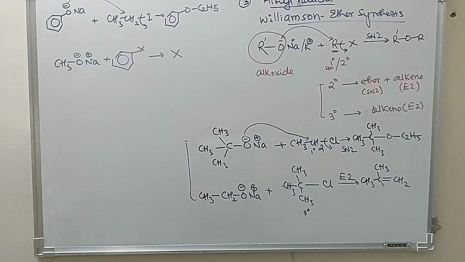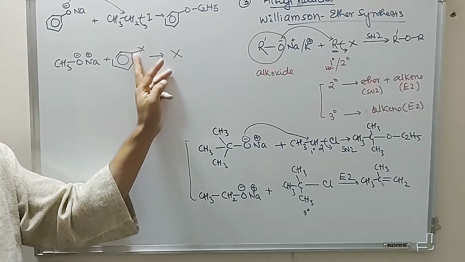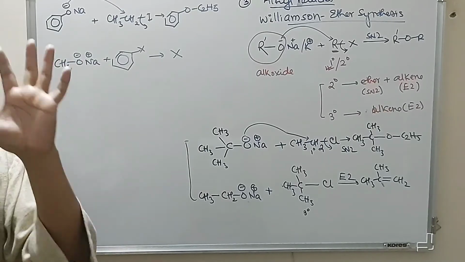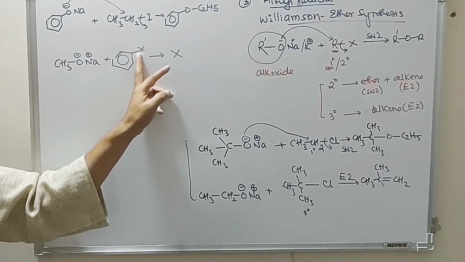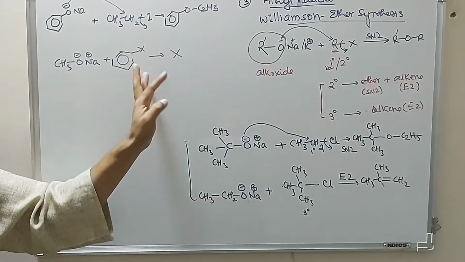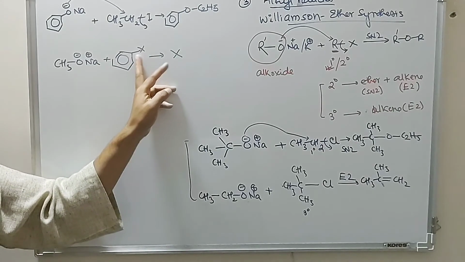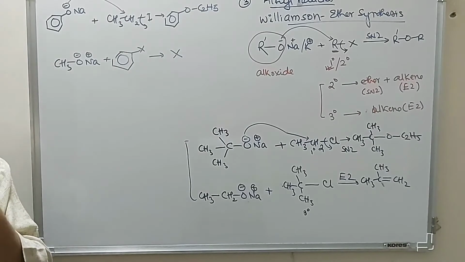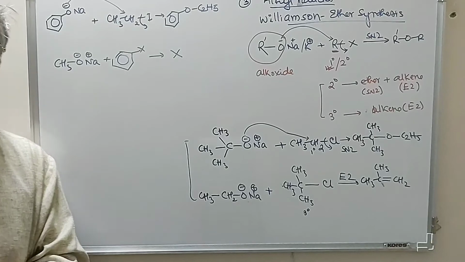As we have discussed in alkyl halides, in aryl halides the carbon is sp2, so the sp2 carbon-X bond becomes a stronger bond, not easy to break. Second, the carbon-halogen bond acquires double bond character due to resonance from the lone pair electrons of halogen. So there is no question of breaking this bond.